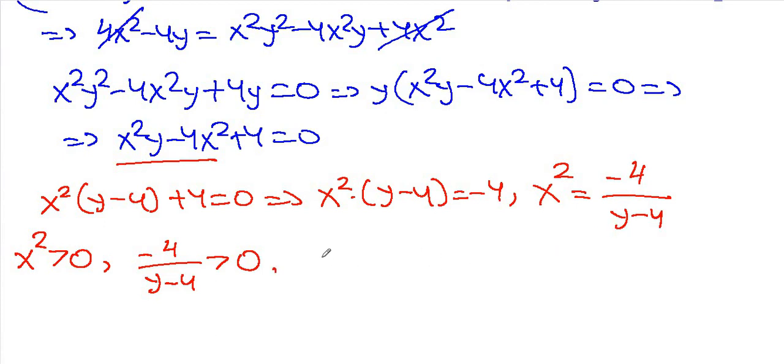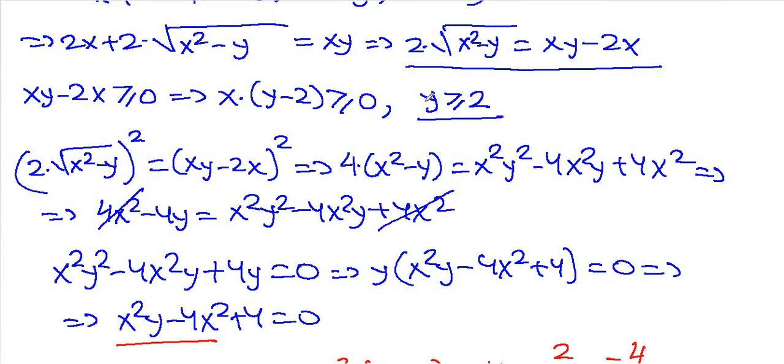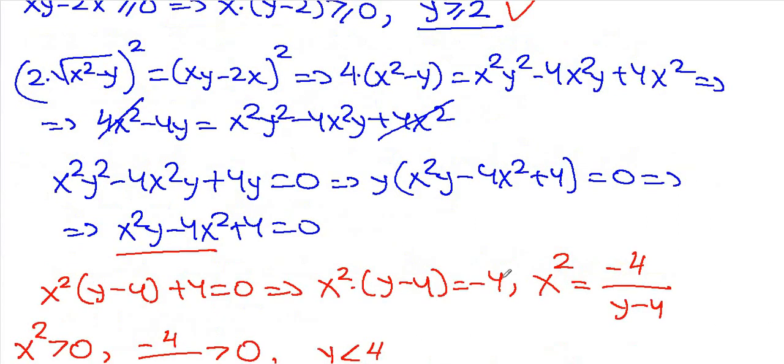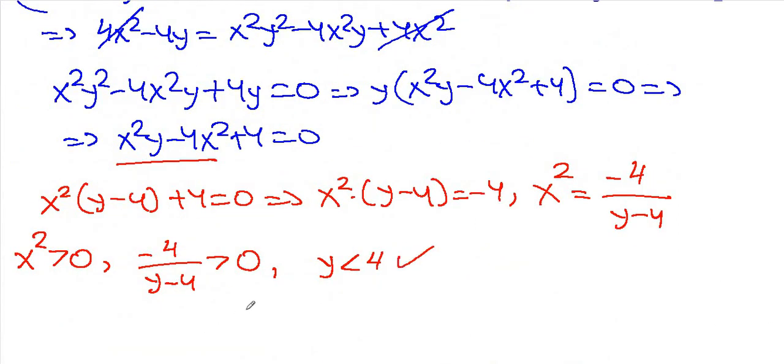And we see that y must be less than 4. In other words, we see that here y must be greater or equal than 2. And combining these two inequalities, we can conclude that y lies between 2 and 4.